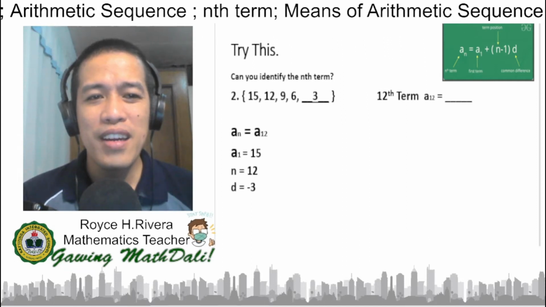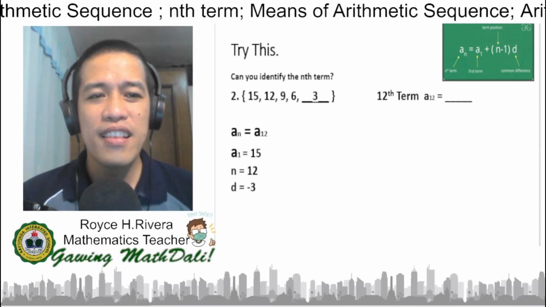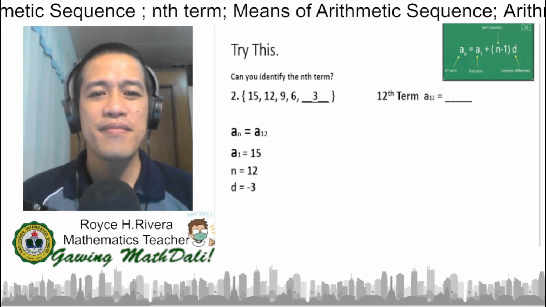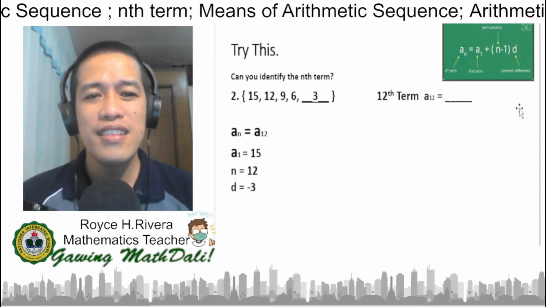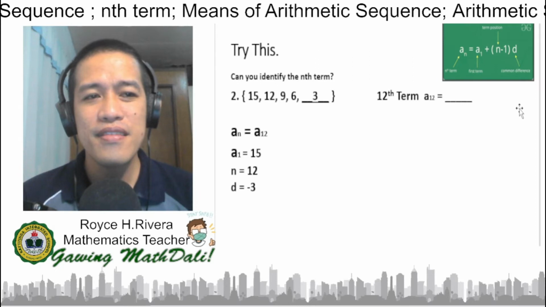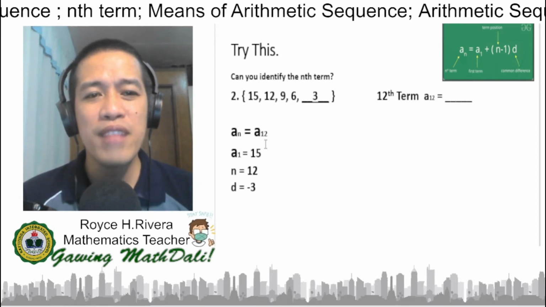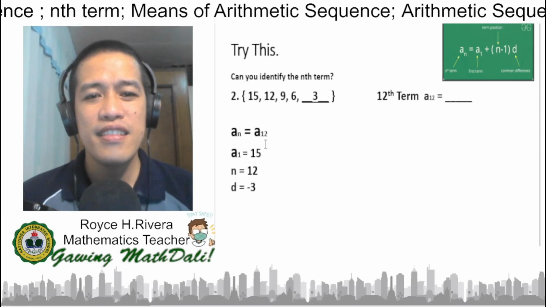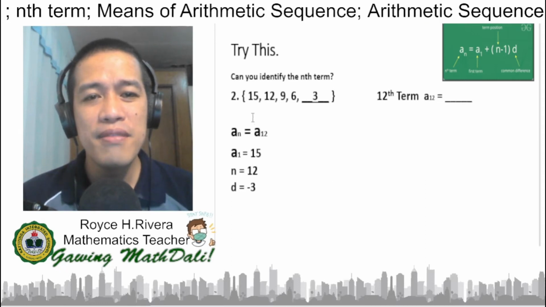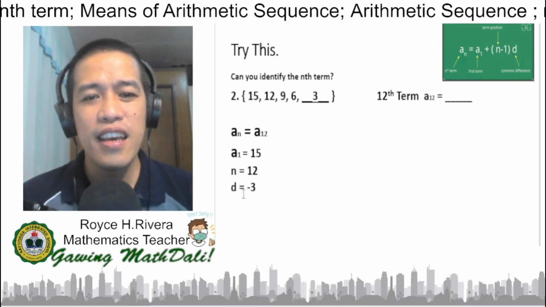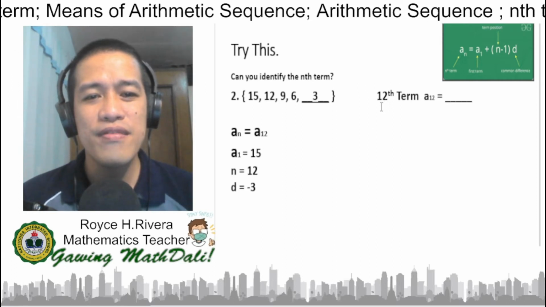Number 2, we are asked to get the 12th term. Again, identify the following. A sub n, we have a sub 12. A sub 1 is 15. N is 12.